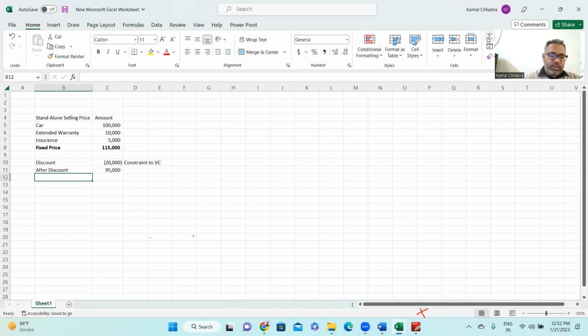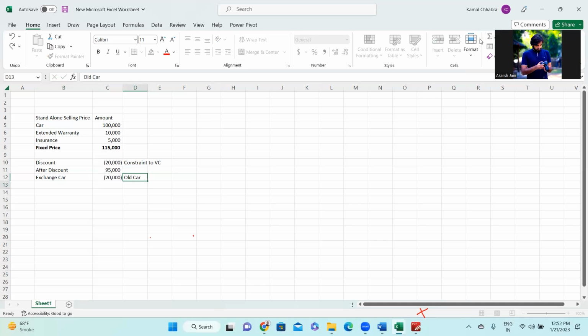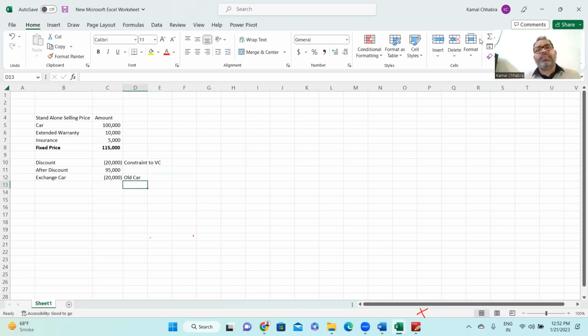You got an exchange car. Let's assume $20,000 for the old car. We are coming to that component, right? And now you have how much payable? 75,000, right?